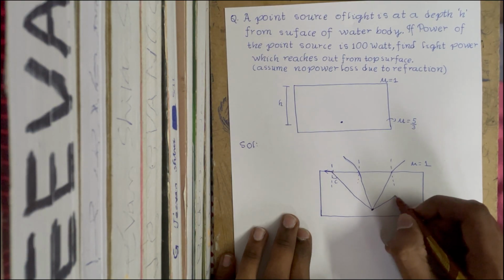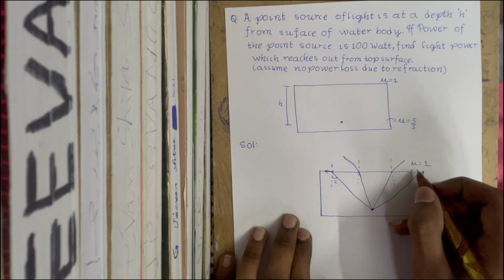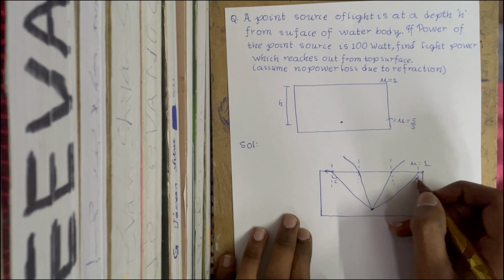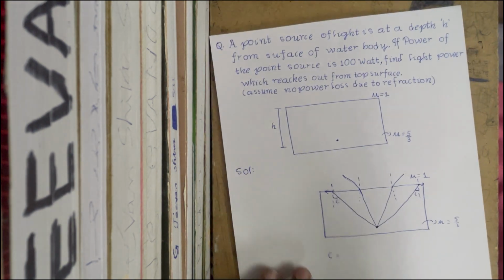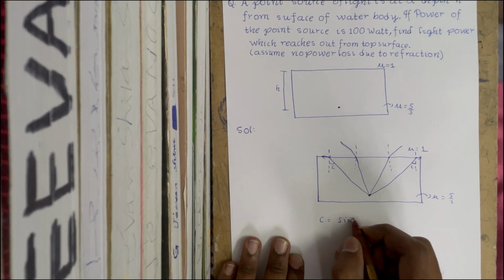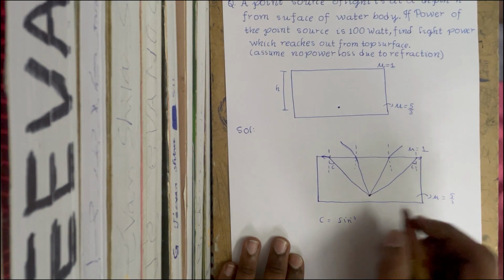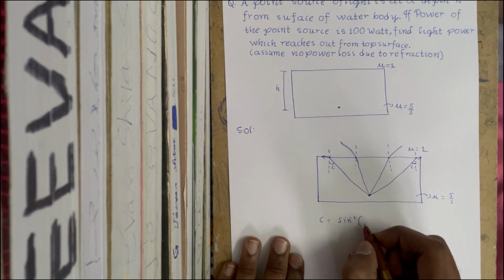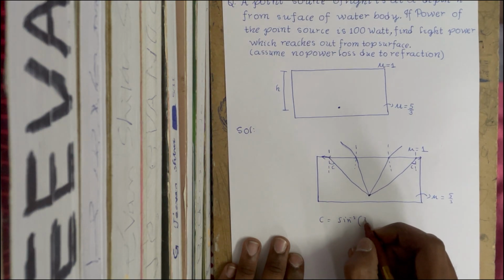So c is just sine inverse of 1 by mu. So here the value of mu was 5 by 3, so the value of c was sine inverse of 3 by 5.